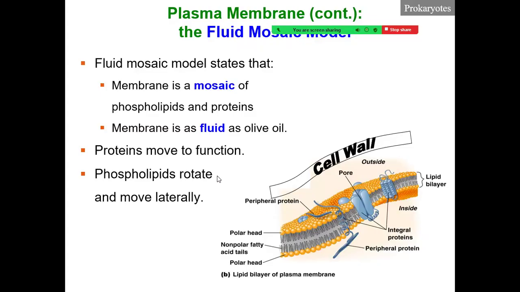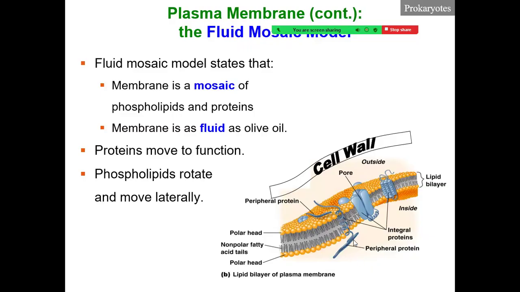The only proteins that do not move about are those that are anchored either to the intracellular matrix or to the extracellular matrix. So if this was a bone cell, for example, a bone osteoblast, this protein here could be anchored to the extracellular matrix, which would be the bone, in which case this protein will not move about in the cell membrane.